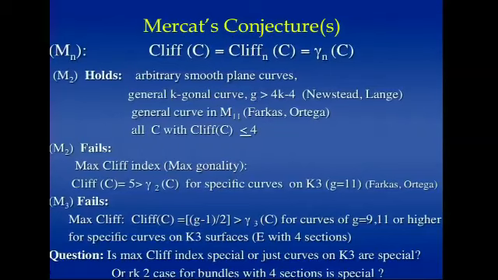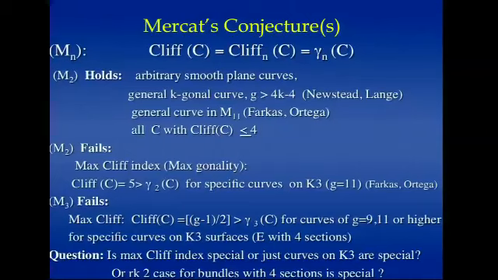I will tell you what k-gonal means, but it means that there exist line bundles with at least 2 sections for certain degrees. Now, for a general curve in M11, it works, which is a very interesting example, and that's done by Farkas and Ortega recently. And it works for all Clifford curves of genus smaller or equal to 4.